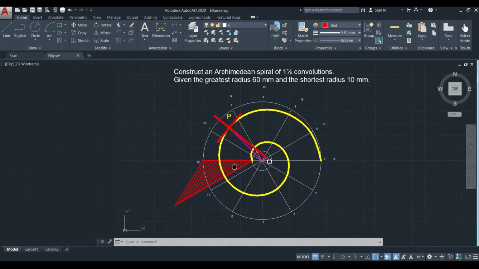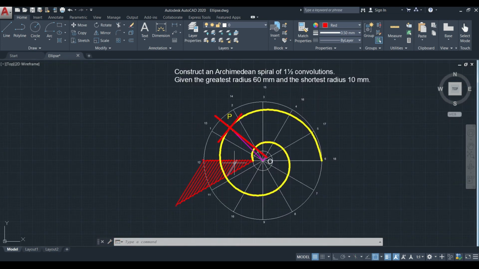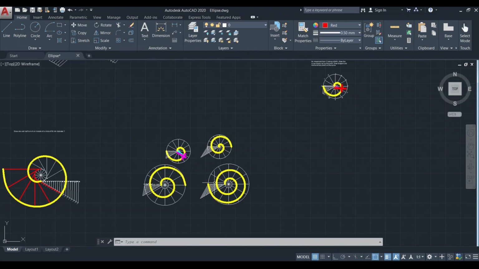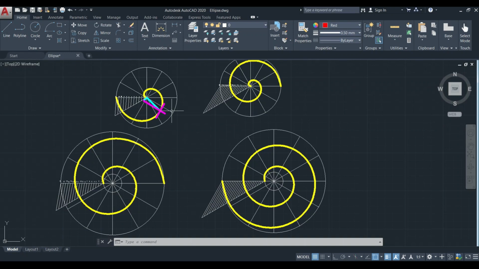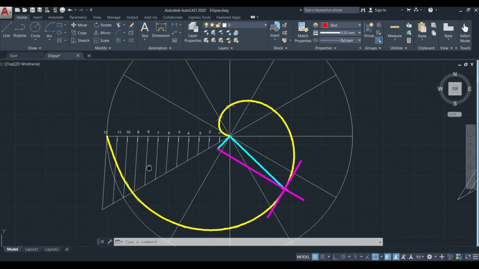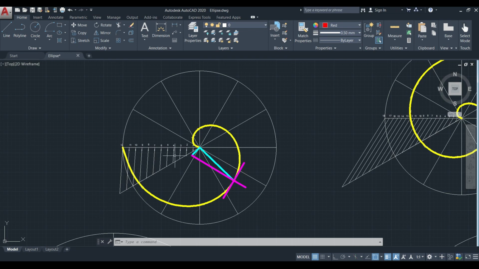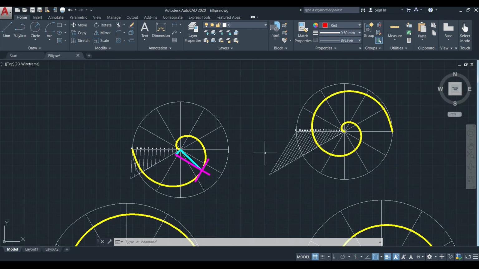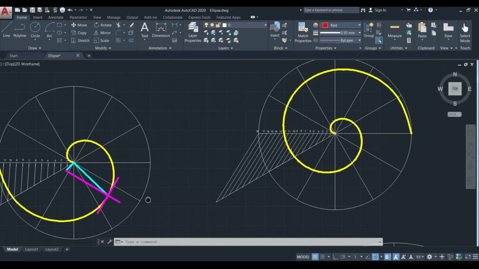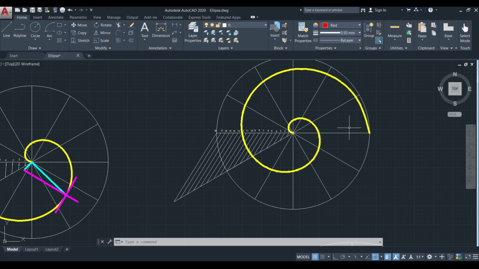So likewise we have different Archimedean spirals. For example, here in this figure, this is the first one, the Archimedean spiral with one convolution, and here the same Archimedean spiral with one circle and 1.5 convolutions.